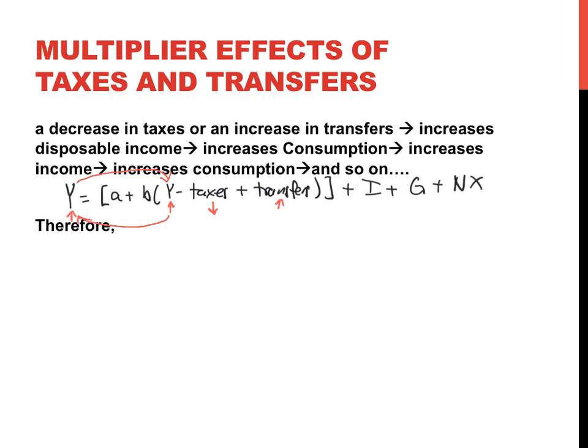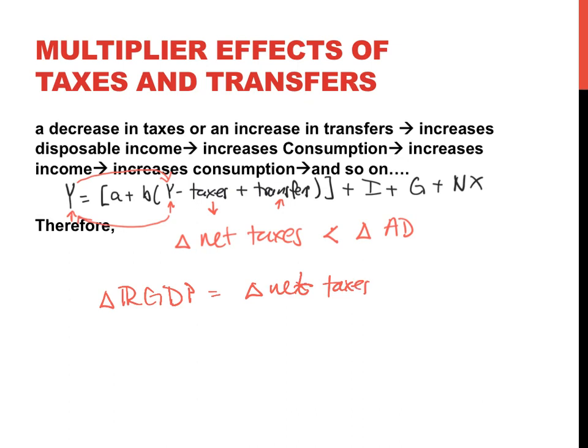Therefore, any change in net taxes is going to lead to a larger change in output. So to find that total change in real GDP from a change in net taxes, we can take the change in net taxes and multiply it by the tax multiplier.